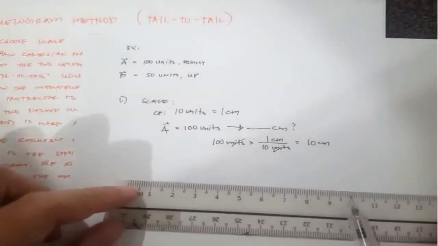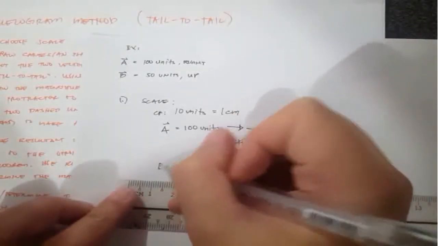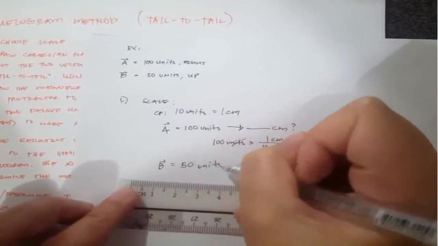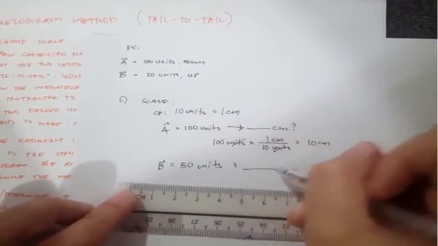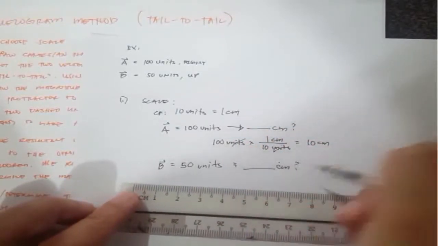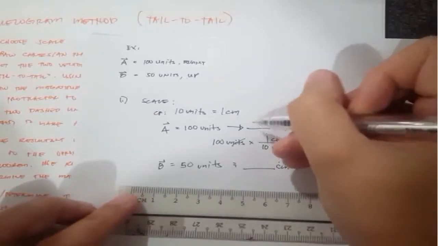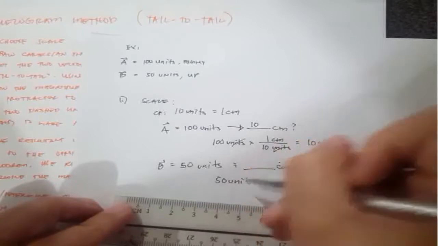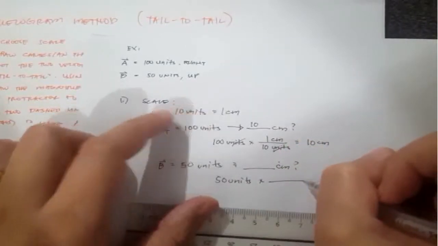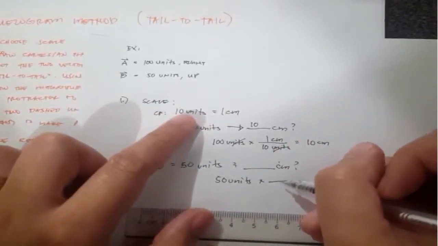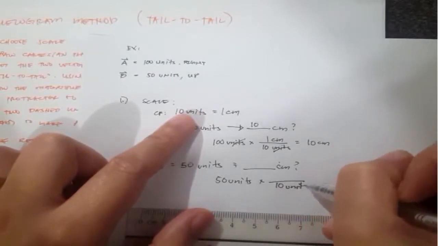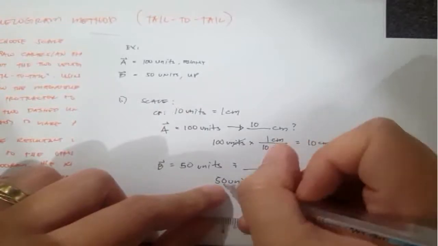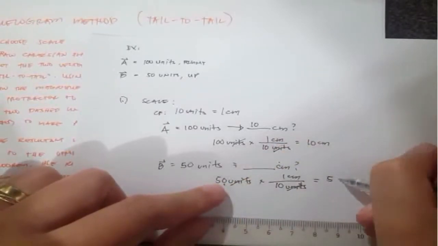So we have 10 cm to represent our 100 units magnitude. For vector B, we have 50 units. How many centimeters is that? We have 50 units times our conversion factor of 10 units per cm, so 50 divided by 10 is 5 cm.